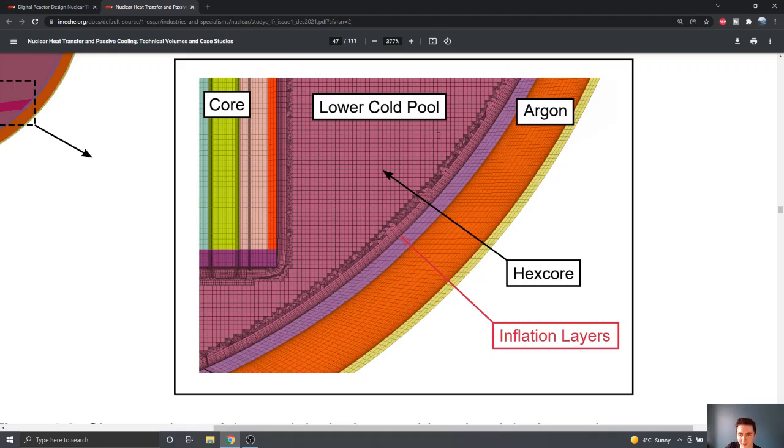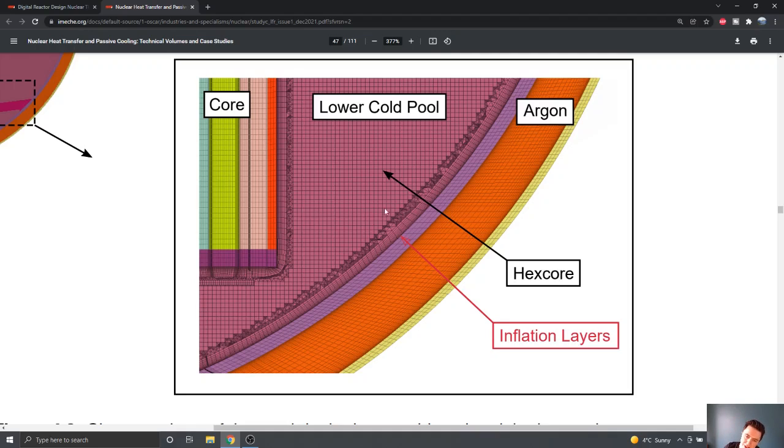And so having these square and quadrilateral cells aligned with where the temperature gradients are and where we think the flow is, it's going to give a high quality solution. In the same way that we can see here with the inflation layers, we're expecting the flow to be cooled by the wall and then to be driven down the wall by negative buoyancy. And so the inflation layers are roughly aligned with where the flow is going.